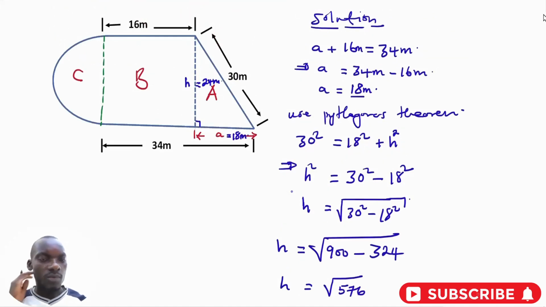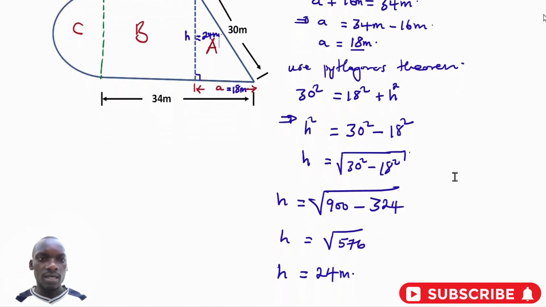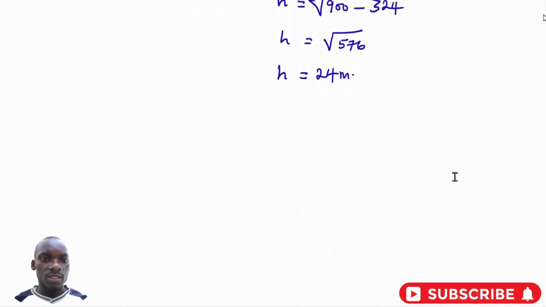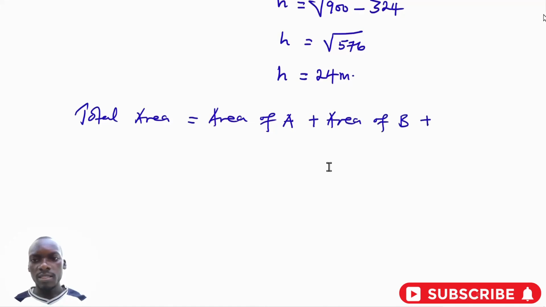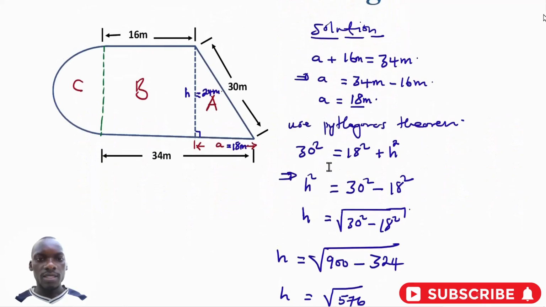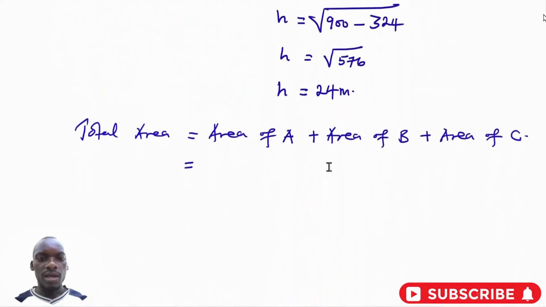So having obtained those parameters that we were not given, let us now go ahead and get the area of each one of them. As I've said, the total area equals the area of figure A plus the area of B, then plus the area of C. For A, it is a right angled triangle, where we apply the formula, a half base times height.